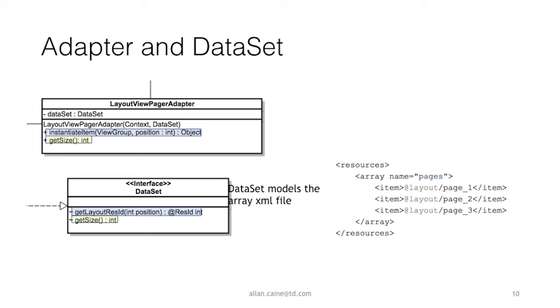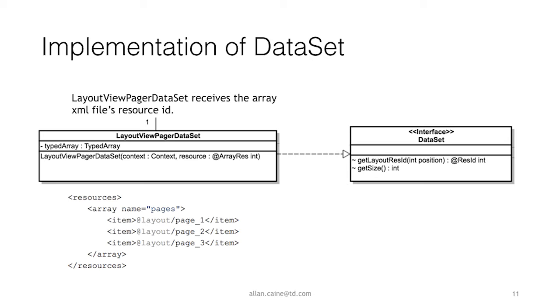So it will call into this method and ask the dataset, tell me what do I need to inflate, and then it will return that inflated view directly back to the PagerAdapter. However, this is only an interface. How is it actually implemented? That's what we'll look at when we look at the bottom layer.